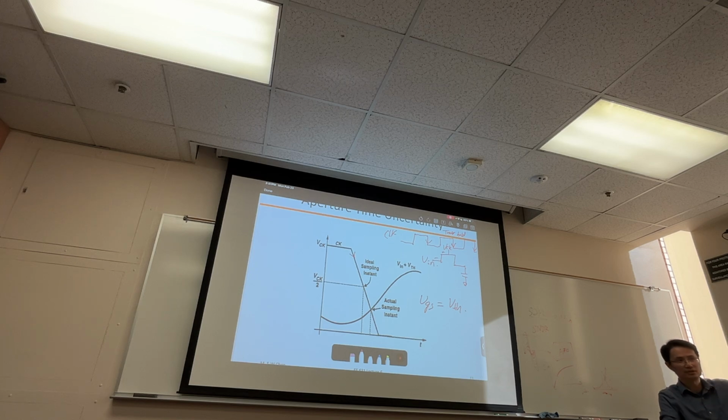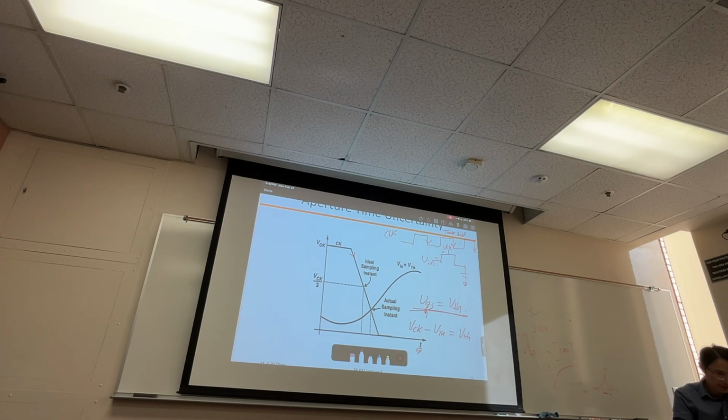Right now I'm assuming a square law device. Do you agree? This is going to be my sampling instant, when VGS equals VTH. So where is that instant? What is my VGS? V clock minus V in equals VTH. So far so good?